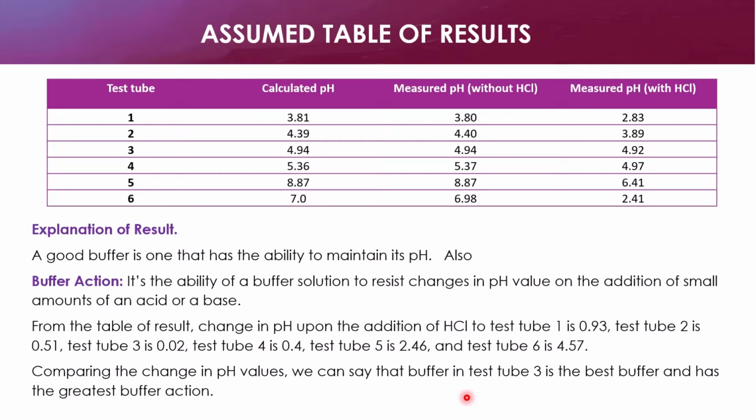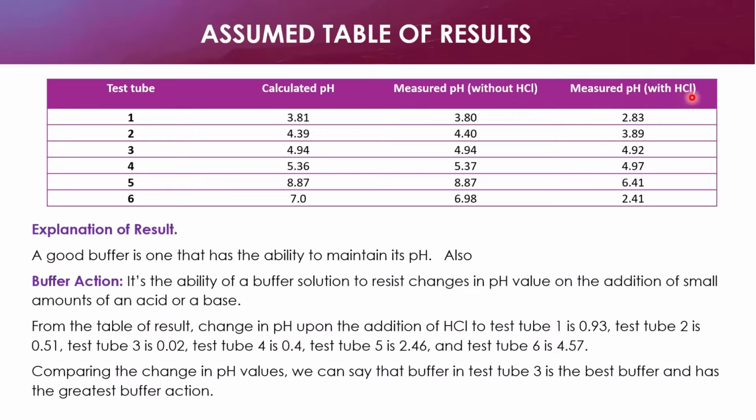So this is my assumed table of results. As you can see from the table, we have our test tubes from test tube 1 to test tube 6, and we have the calculated pH using the Henderson-Hasselbalch equation, the measured pH without HCl with the pH meter, and the measured pH with HCl with the pH meter.